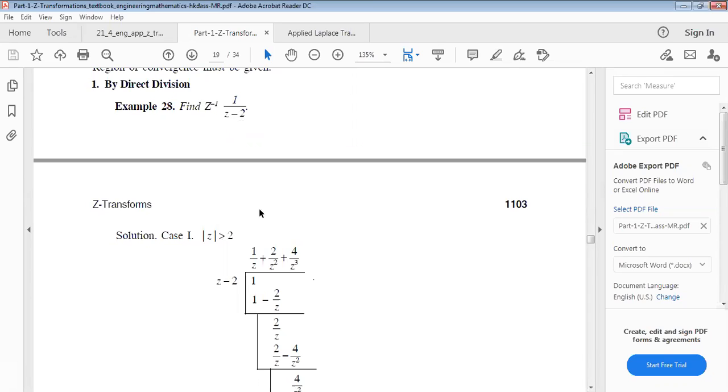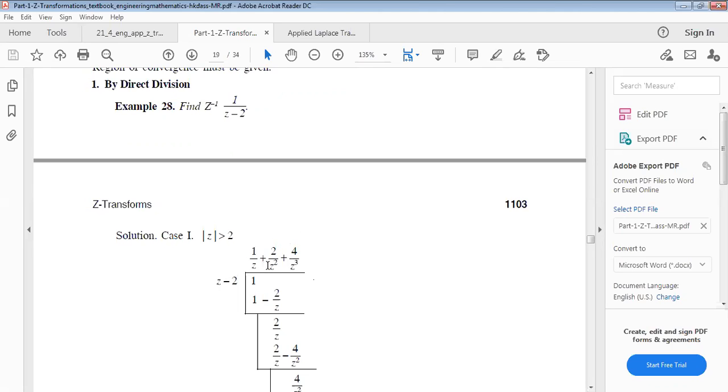taking 2 common, we can write Z by 2. Now we have to divide with Z minus 2 the sequence we found by Z transformation. How will this be?